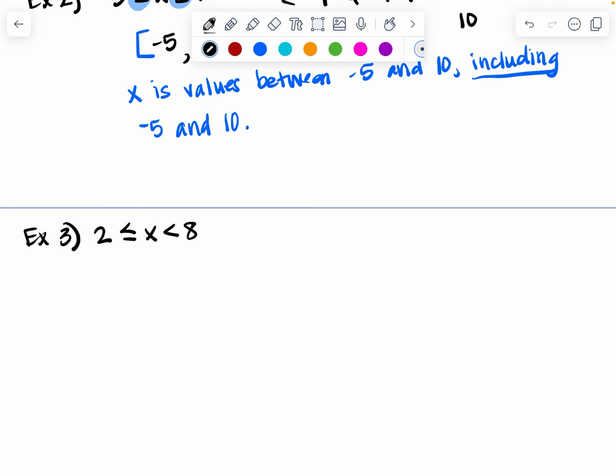If x is greater than or equal to 2 and less than 8, here's my graph. Now here I have a less than or equal to, so that'll be a closed circle on the 2 and a less than, so an open circle on the 8.